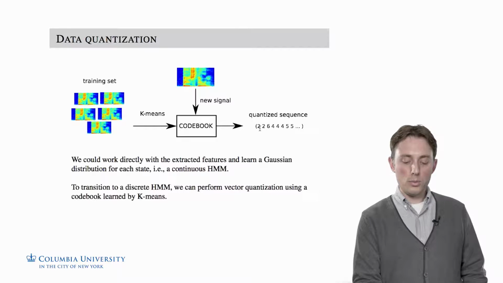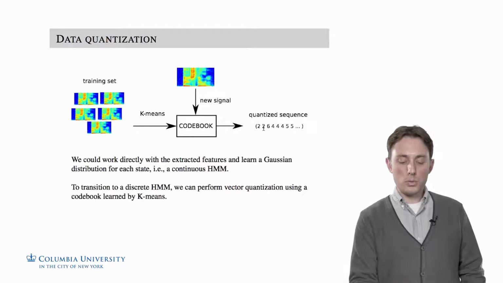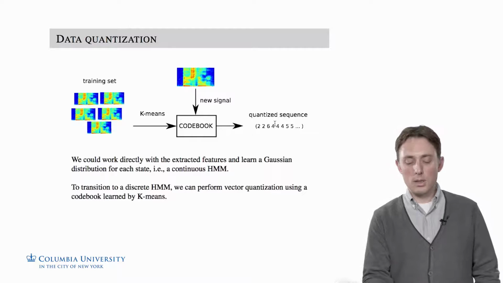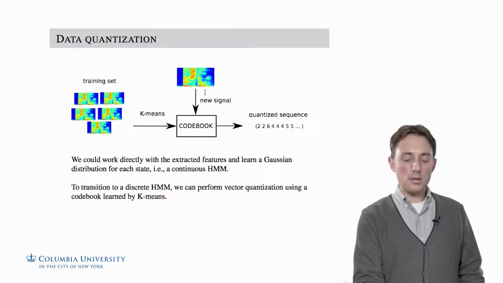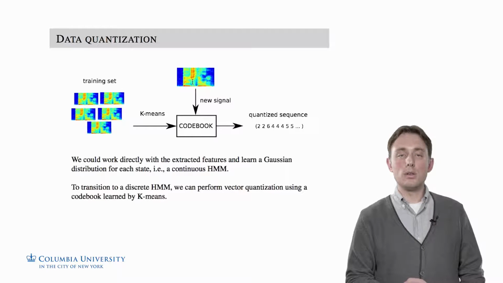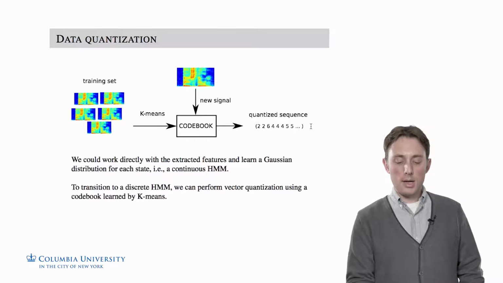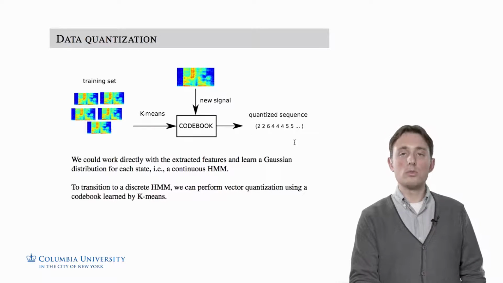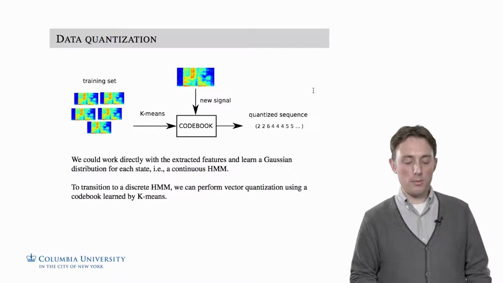So for example, we could say the first two vectors were cluster 2, the third vector in this sequence was mapped to centroid 6, and the following three vectors were mapped to centroid 4, or something like that. So we've taken a sequence of d-dimensional vectors and quantized them to represent each signal as a sequence of discrete values. So we could now transition to a discrete HMM for this type of model.